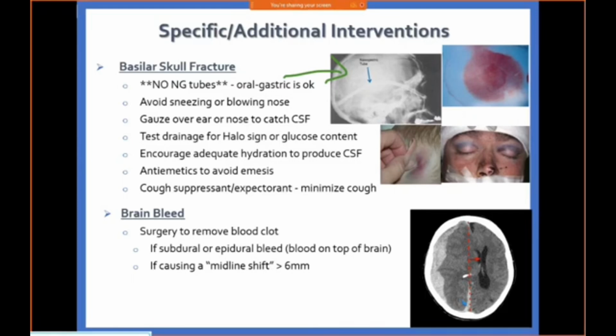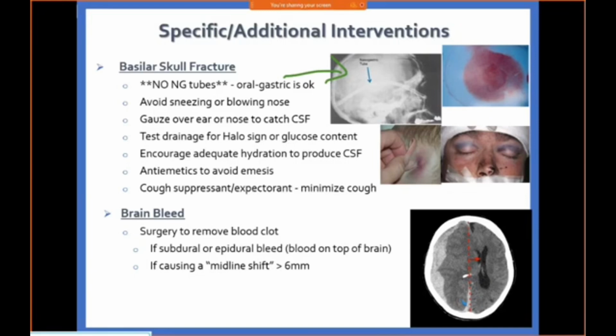Sneezing, coughing, gagging, vomiting, all that stuff's going to make your CSF leak worse because when you do all those things, you transiently increase your intracranial pressure. Think about a sneeze, how much pressure goes on in your head. If you're gagging and coughing and throwing up, that's a lot of pressure in your head. And while the pressure in your head is high, CSF will be leaking out. So all those things increase your CSF leakage, so we want to minimize them if we can.